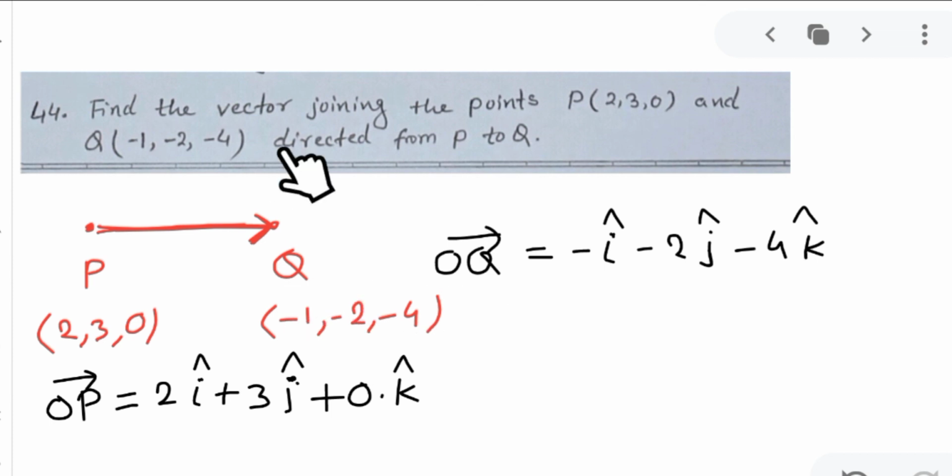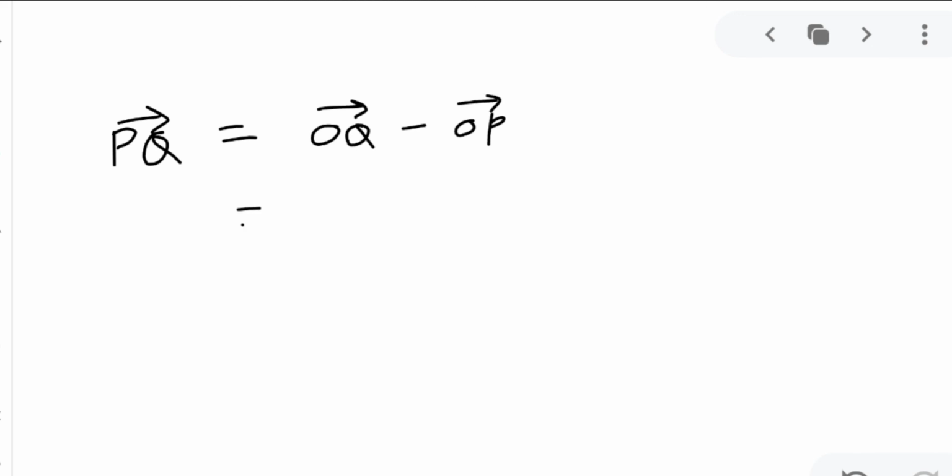Now we have to find the vector PQ directed from P to Q. This is the final or terminal point Q, so you will write OQ, the position vector of Q, minus the initial point P, whose position vector is OP. So OQ minus OP will be our required PQ vector.